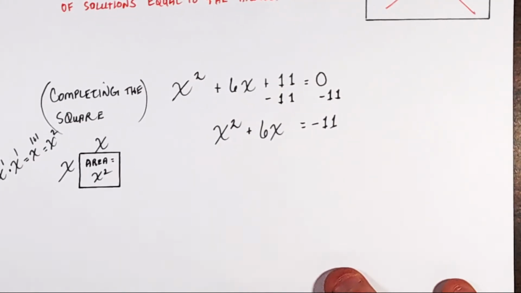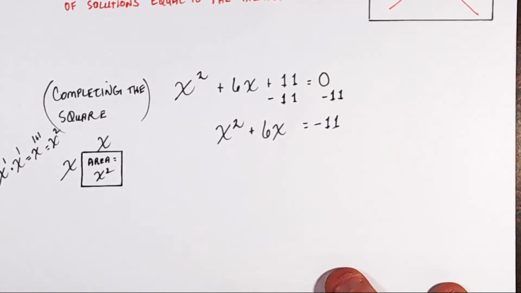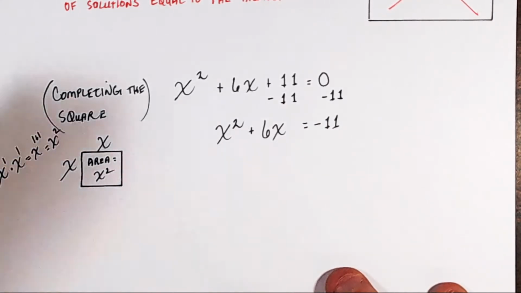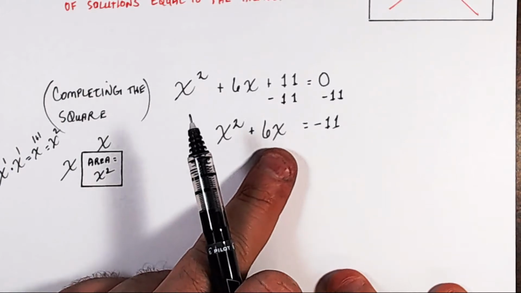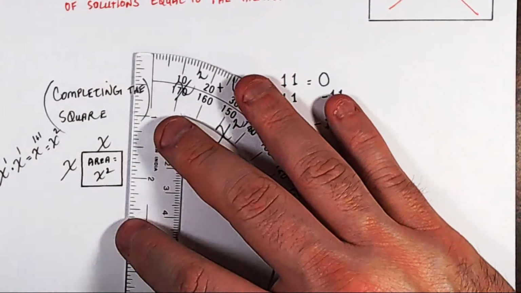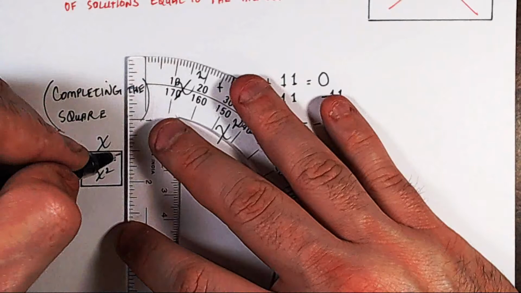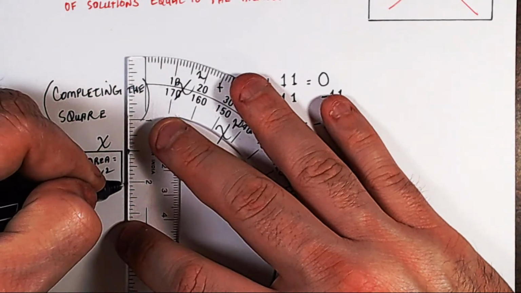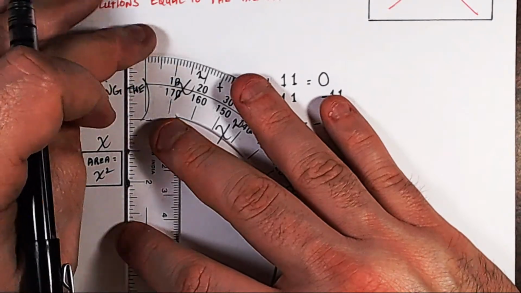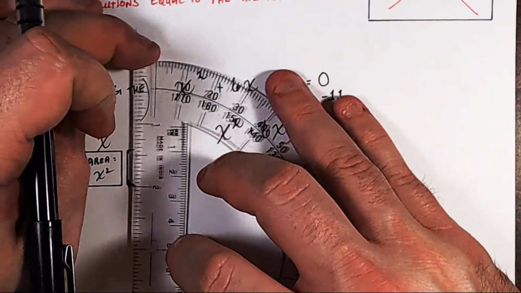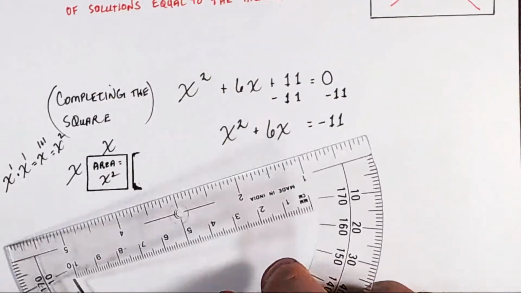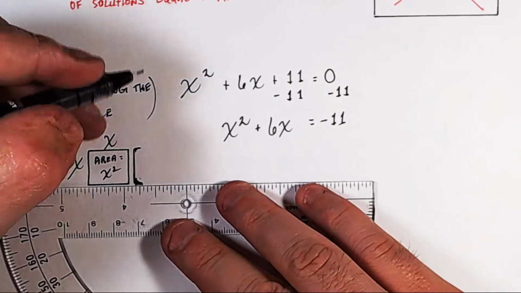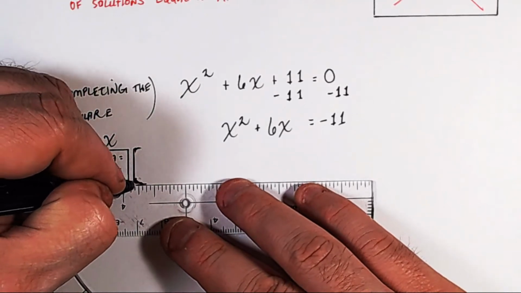Okay, so back to our shape drawing. So I've drawn x squared. The area is x squared. Now I'm going to draw a shape whose area is 6x. So right next to the square, I'm going to draw another shape with a height identical to the first shape, but with a rectangular width.